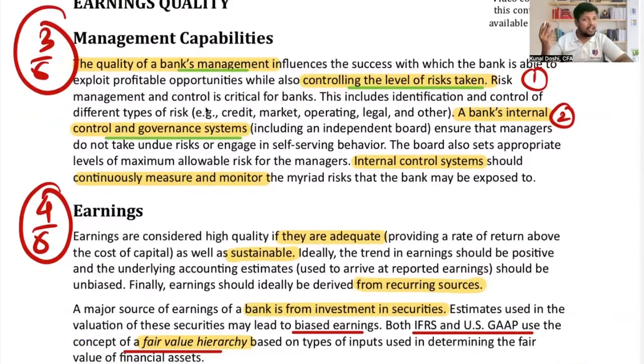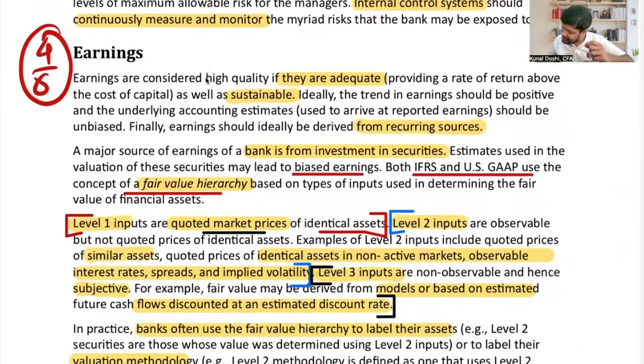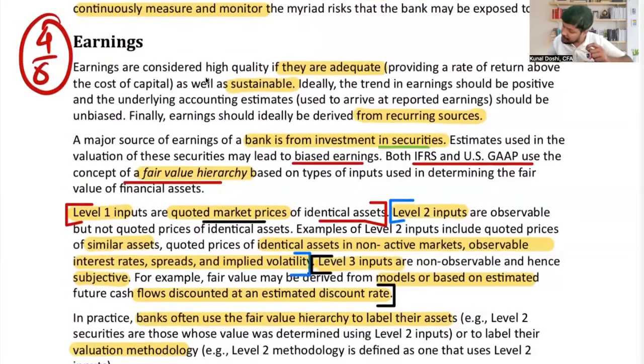Earnings, sustainability of earnings is very important, right? And therefore, what is essential here is that banks invest in various securities. From that, they earn returns. So the valuation of those securities is also important. And these securities, if they are listed, we call it level one input. If they are not listed, we use observable input like the discounted cash flow values.